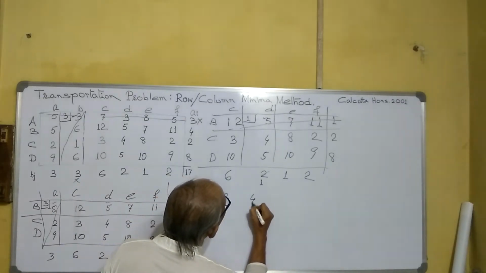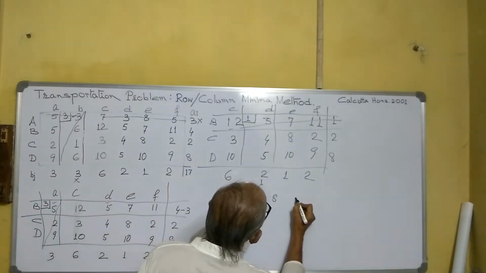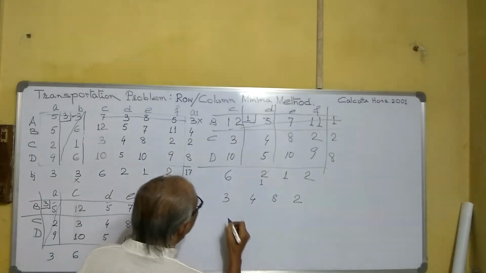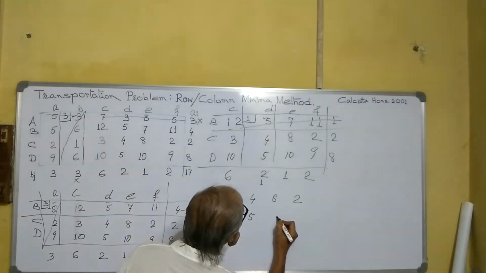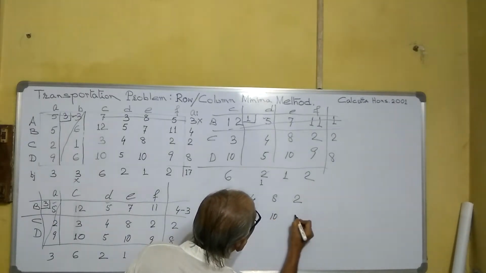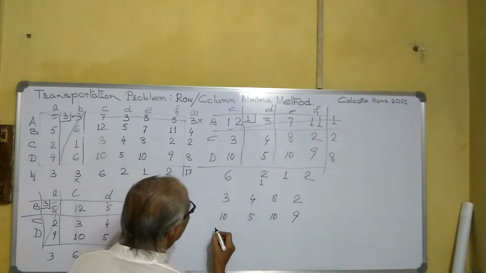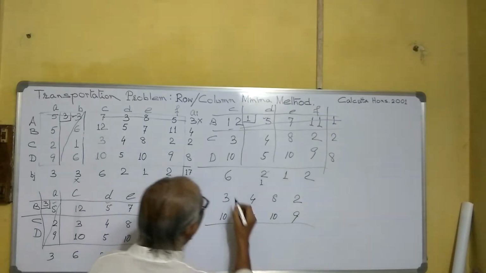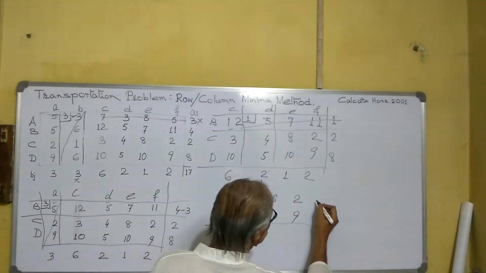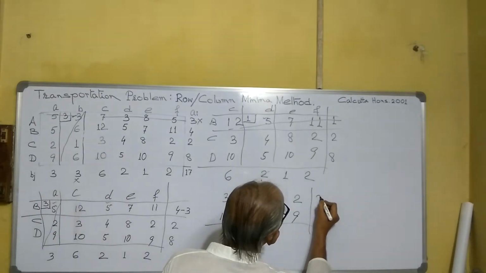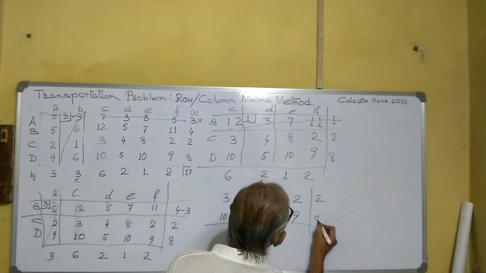3, 4, 8, 2. And here it is 10, 5, 10 and 9. Now see, availables are here: available is 2, here available is 8.